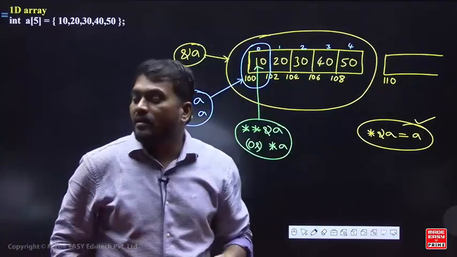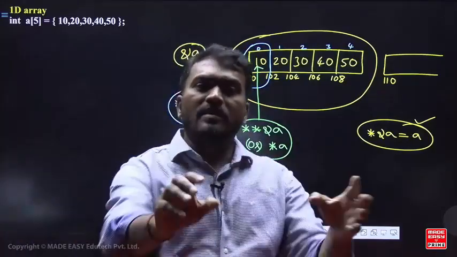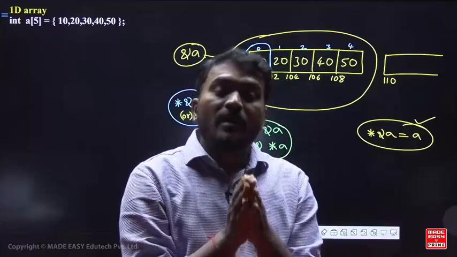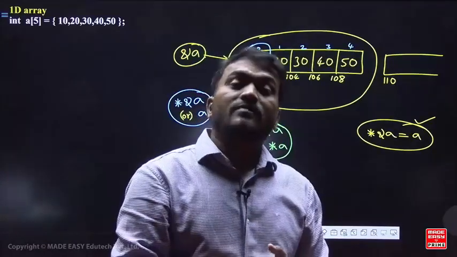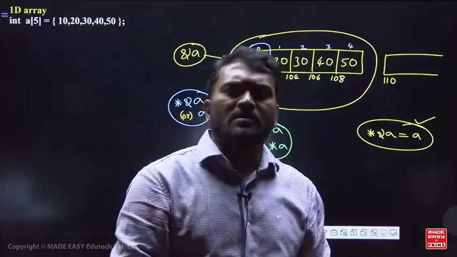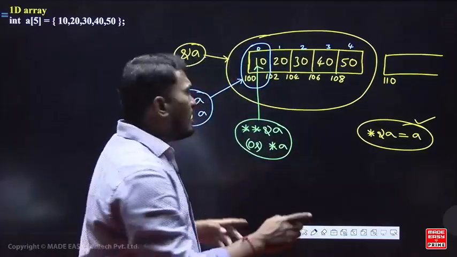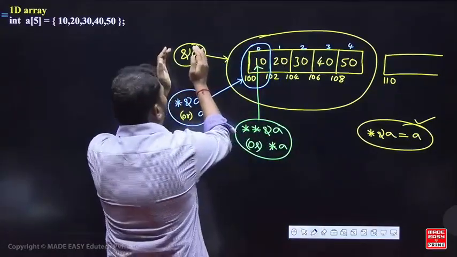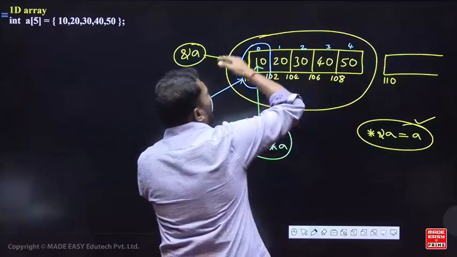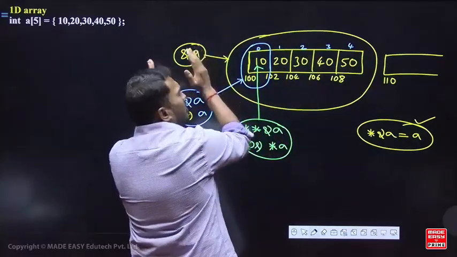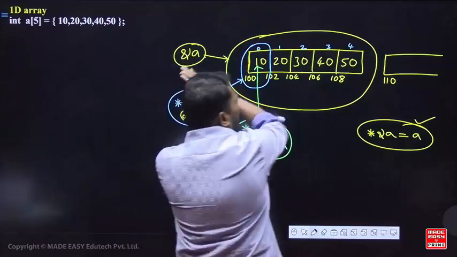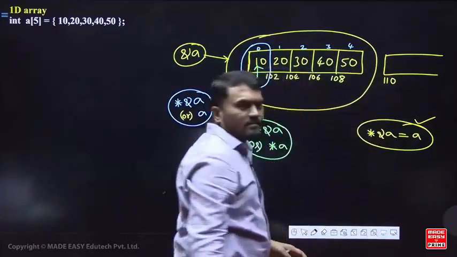What is the meaning of plus 1? If I say plus 1, it will jump according to the size of the element it is pointing to. So if I say ampersand a plus 1, because it is pointing to the entire 1D array, it will jump according to the 1D array size.